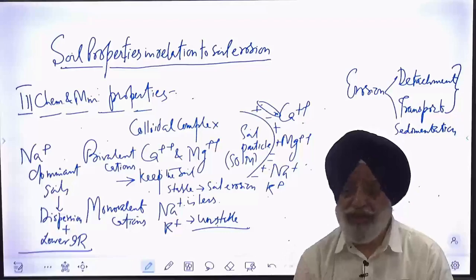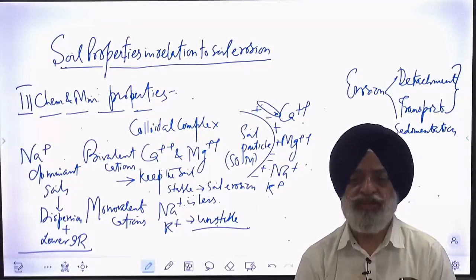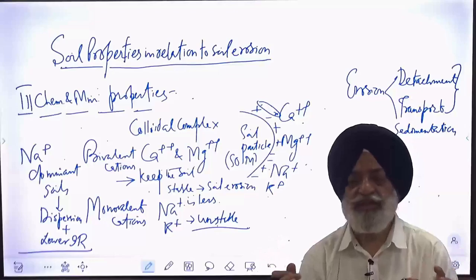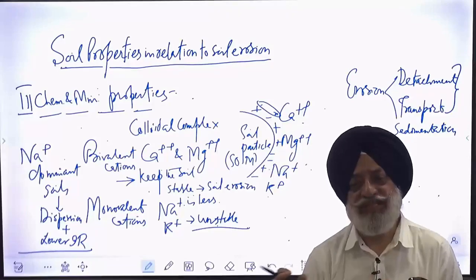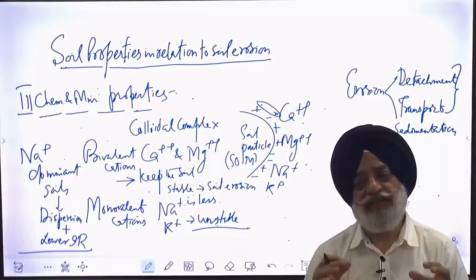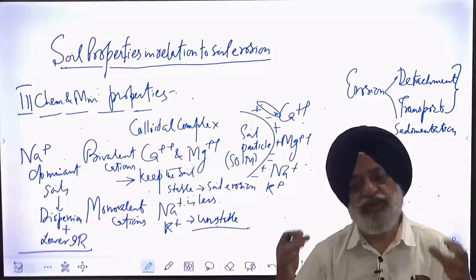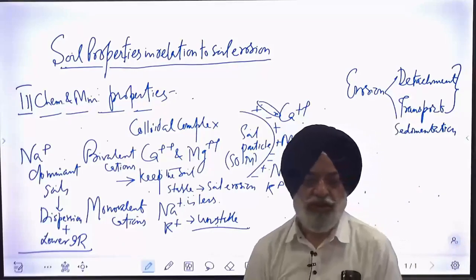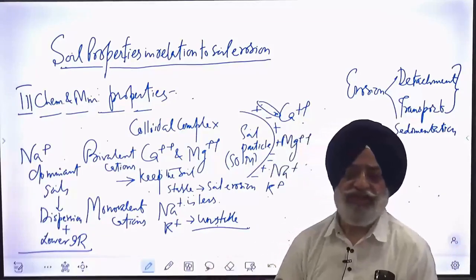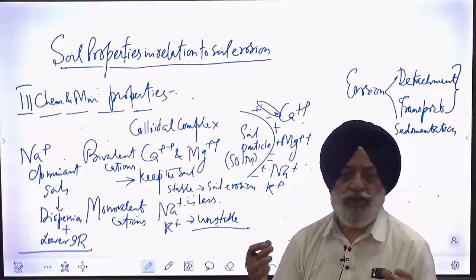Even if it is a clay soil, it is dispersed in nature, and once it disperses into primary particles, the soil surface and soil pores get sealed, and because of the dispersion, the downward movement of water, or infiltration rate, reduces. This is basically the characteristic of sodic soils.